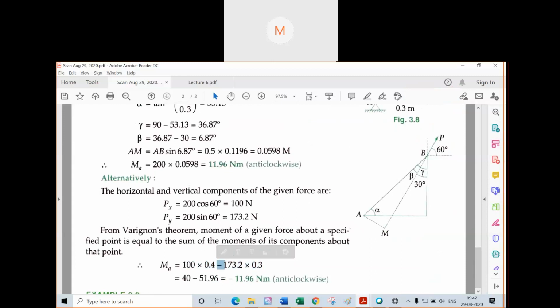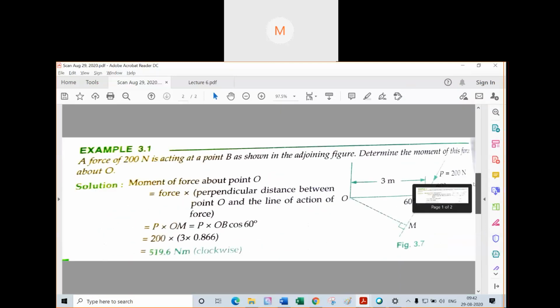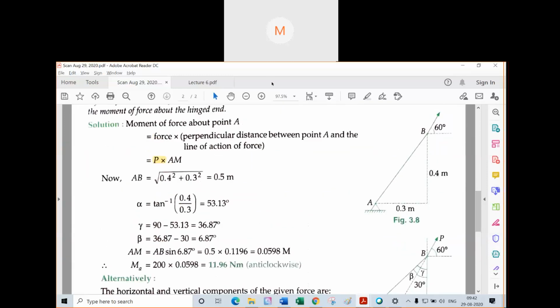But here it is given, look, force is equal to the sum of the moments, no? So why the minus sign? Look, this is only because of the direction. Here we have one and here we have one.